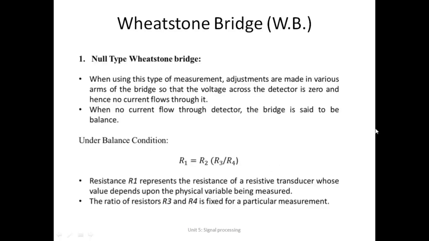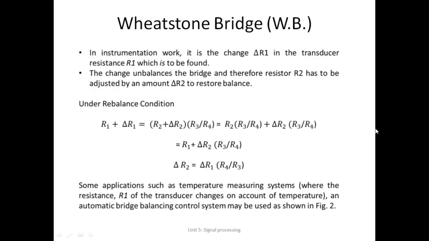In null type, under balance conditions, we know that R1 upon R2 is equal to R3 upon R4. Here R1 is representing the resistive transducer. Whenever there is a change in the physical parameter, the resistance R1 changes to R1 plus delta R1. This creates an imbalance.